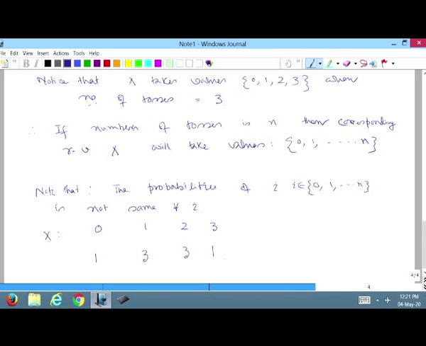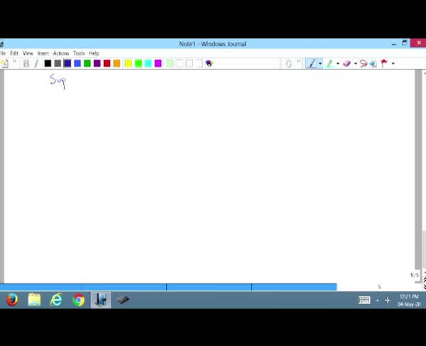So, suppose p is the probability that the coin gives a head in one toss.